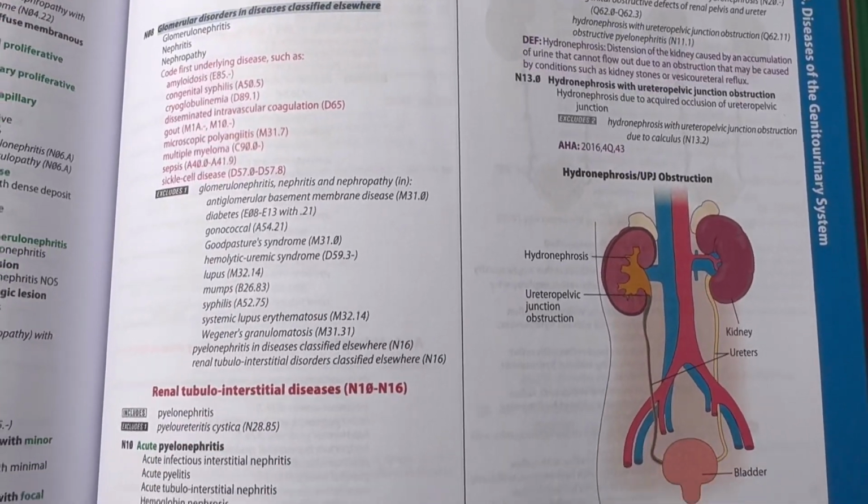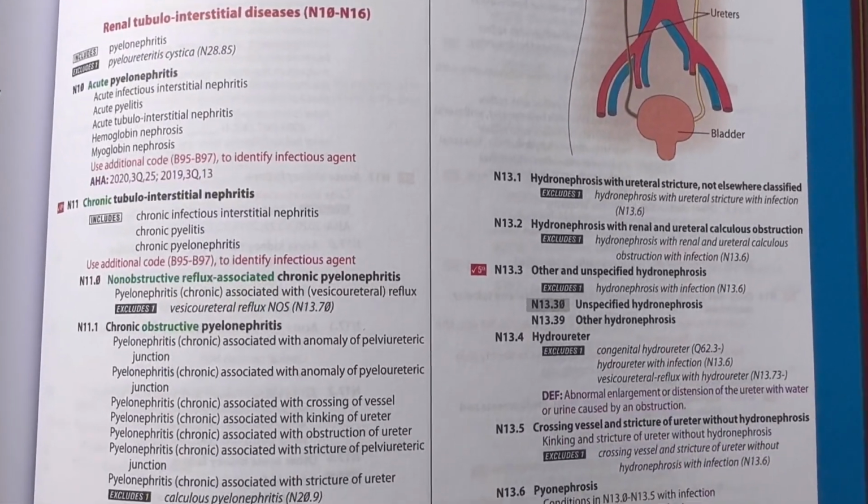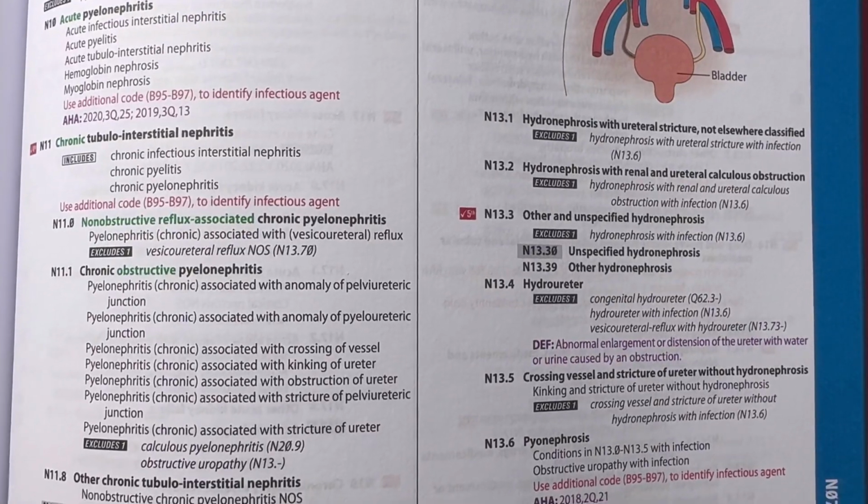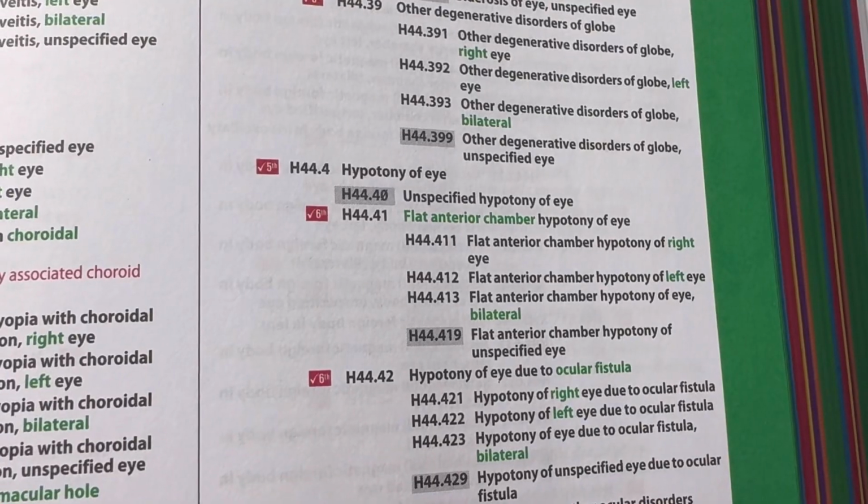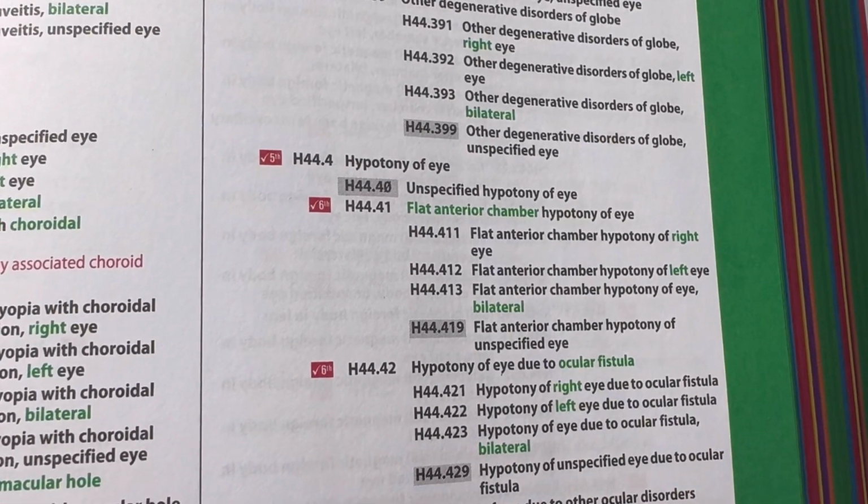All right, so I think I found some diagnosis codes that I can use. That's going to be the hypotonia and hydronephrosis, so N13.30, and then the hypotonia of the eye is going to be H44.40. So I'm just going to make sure that they're all on all of these notes.